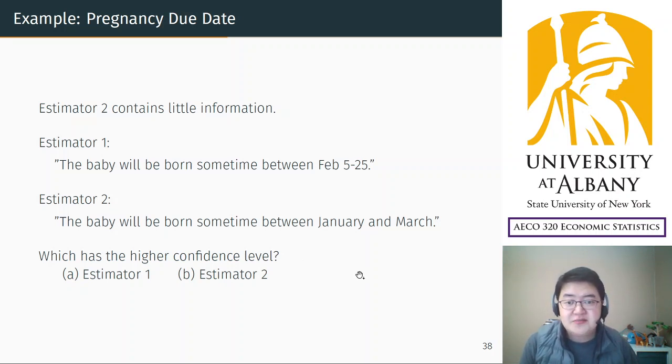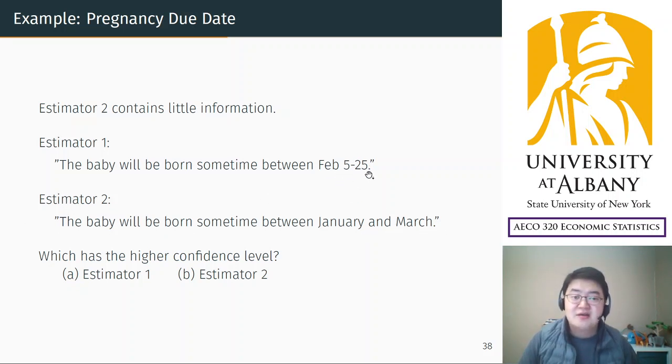The answer is number 2 again. Estimator 2 is more likely to be true because, for example, my son was born on February 3rd. So the first estimator was wrong, but still estimator 2 is correct.